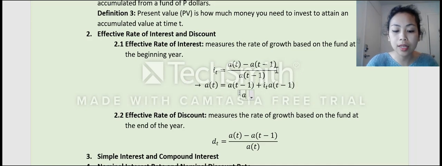And A(t) is the same as A(t minus 1) times (1 plus i_t).